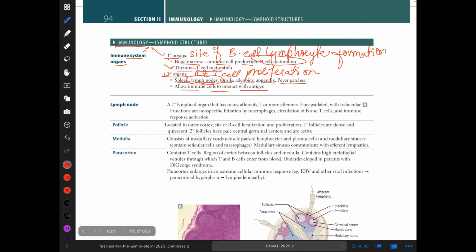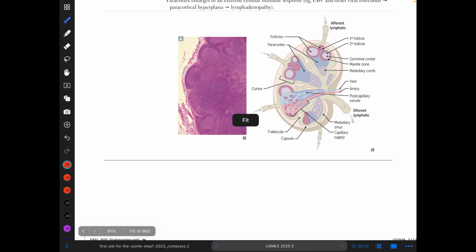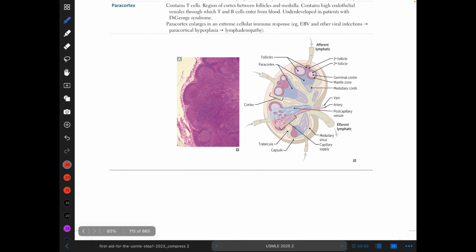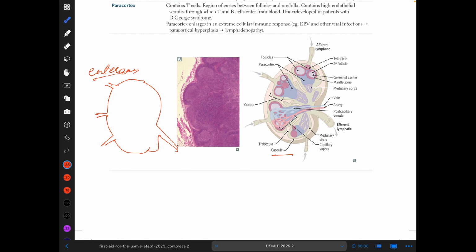Before getting to it, we will go with the diagram. I will make a simple diagram related to this. It's just like a kidney. You guys were thinking it was a kidney, but it's a lymph node. It also has an entrance pathway, and the exit is called the efferent lymphatic.